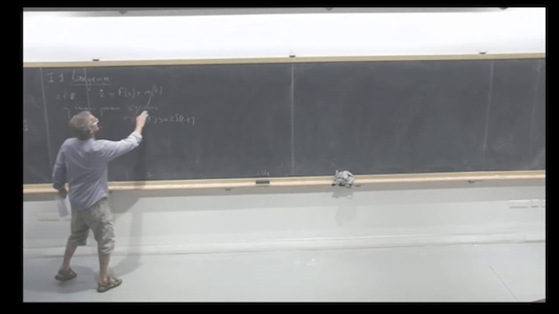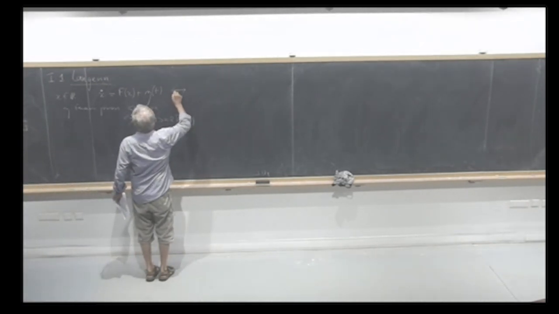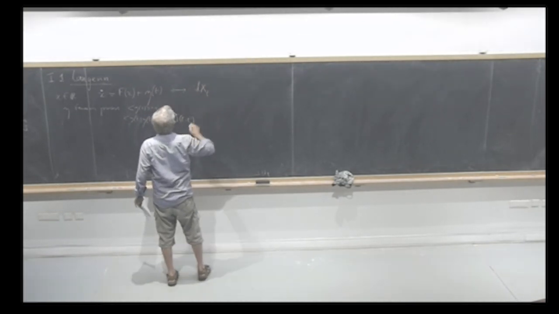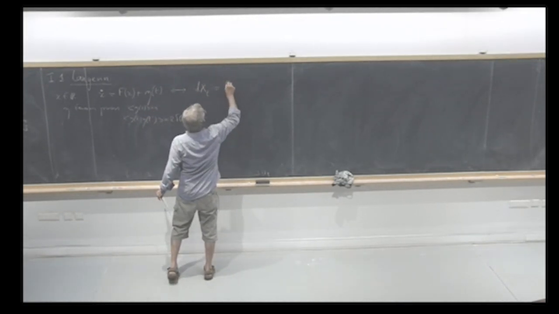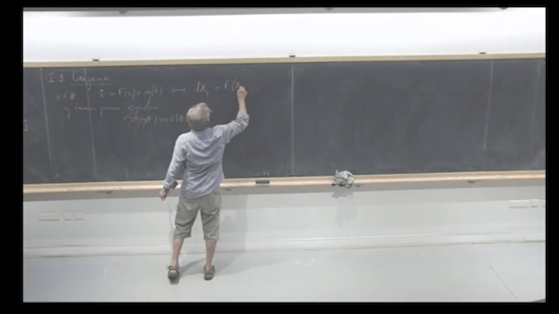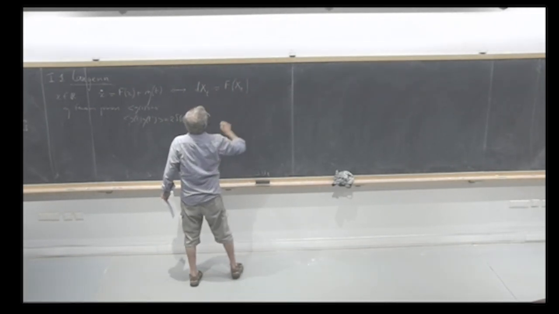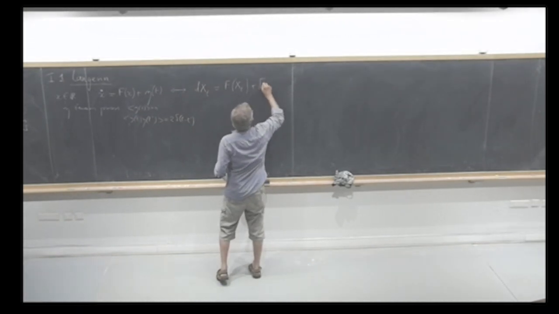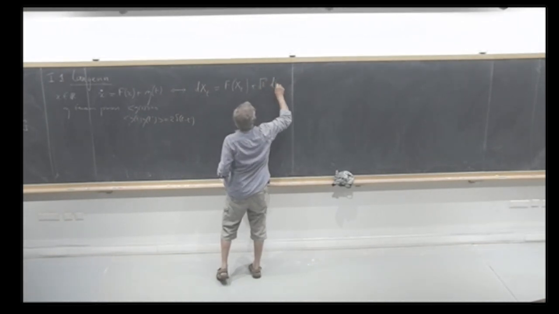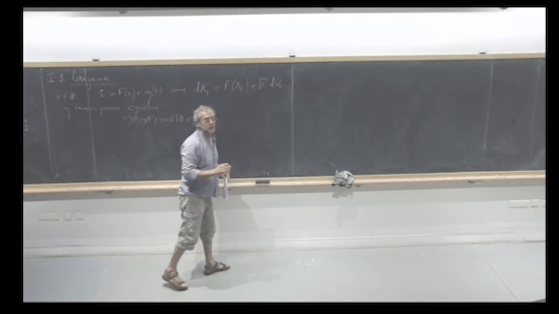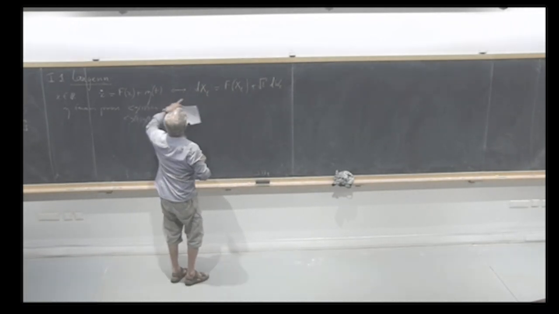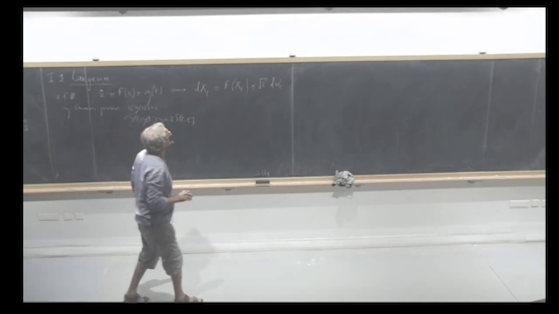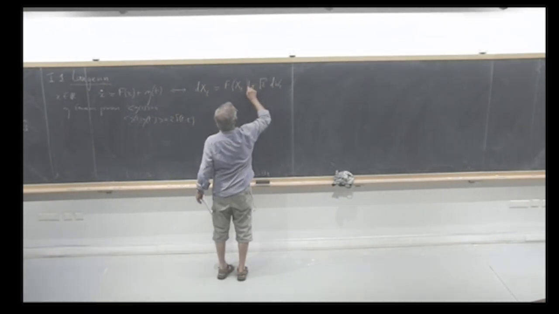That is exactly what was written yesterday by Eric, in the form dx_t equal to something, which I think he called B but I'll call F, plus a Wiener process with the square root of 2 dW_t. So this is the same as that.